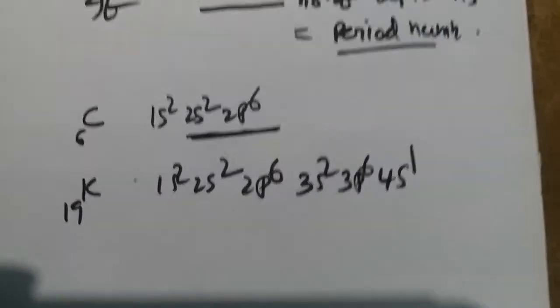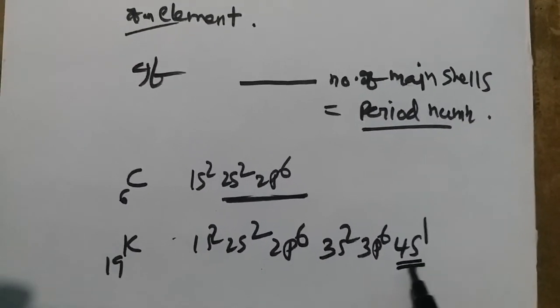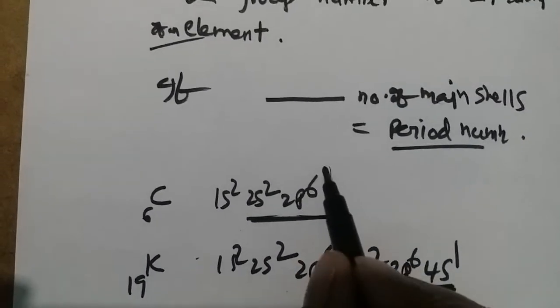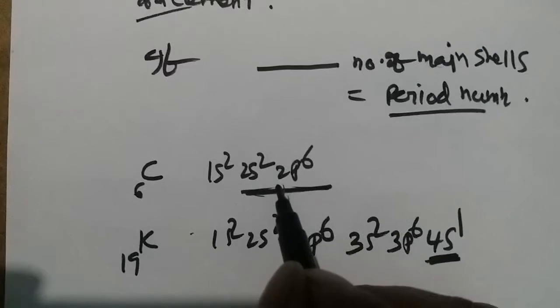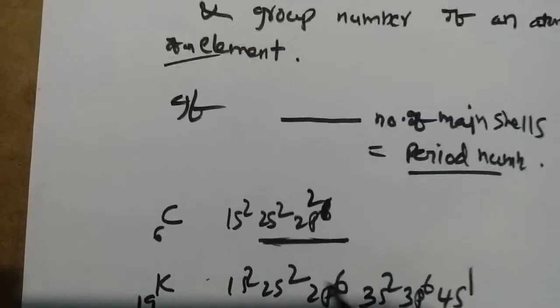By observing this, the valence electron for potassium is present in 4s. For carbon, the valence electron is present in the 2p shell.